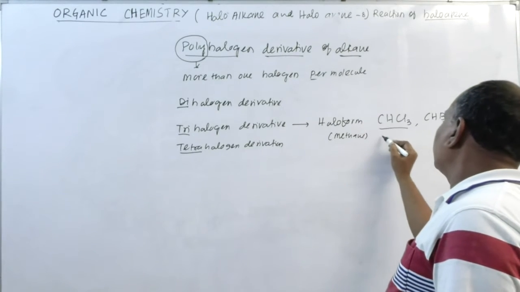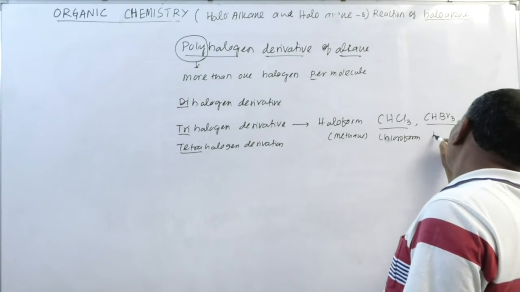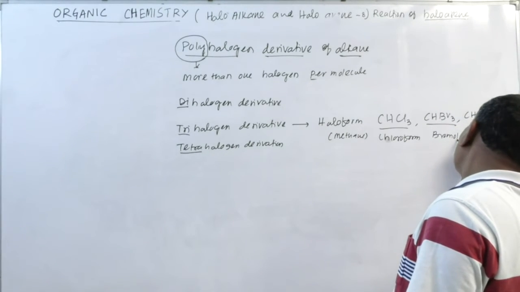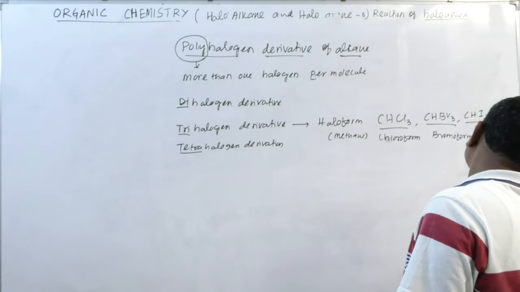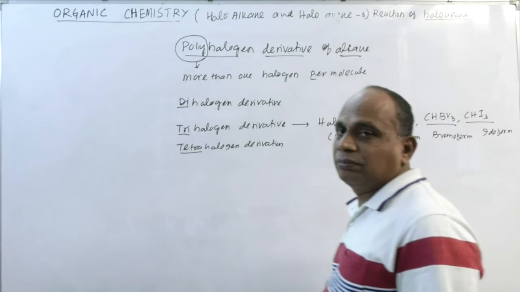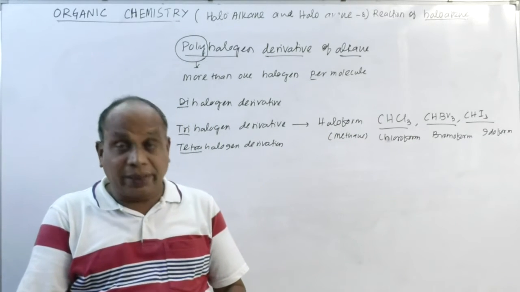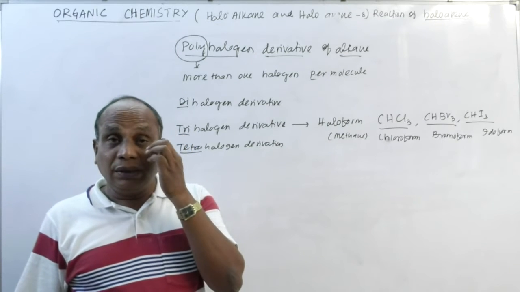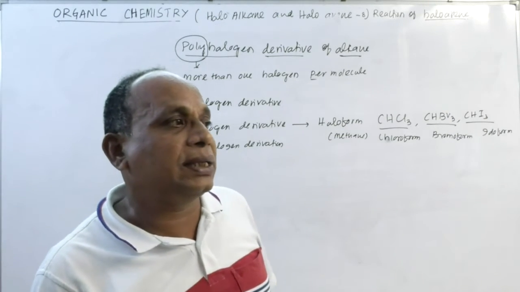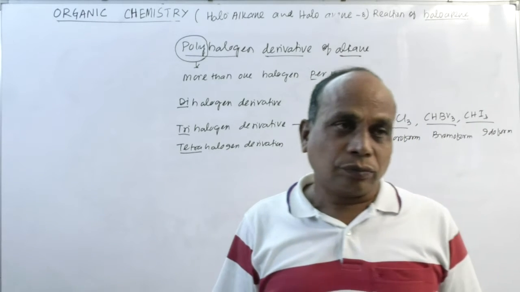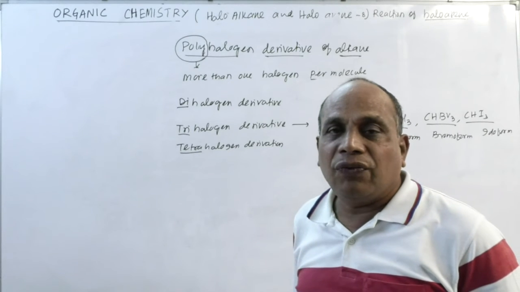This one is called chloroform, this is called bromoform, and this is called iodoform. That is, the trihalogen derivative of methane is known as haloform. When the halogen is chlorine, it is chloroform. If it is bromine, that's called bromoform. If it is iodine, iodoform.